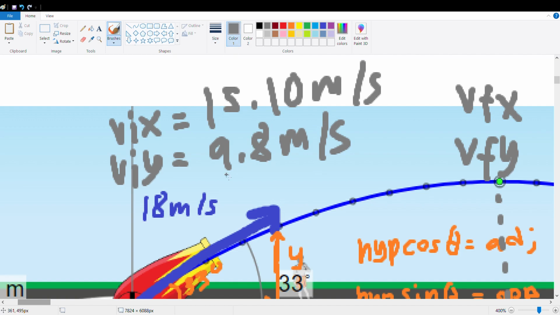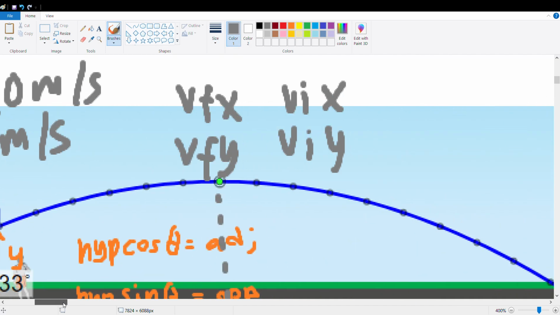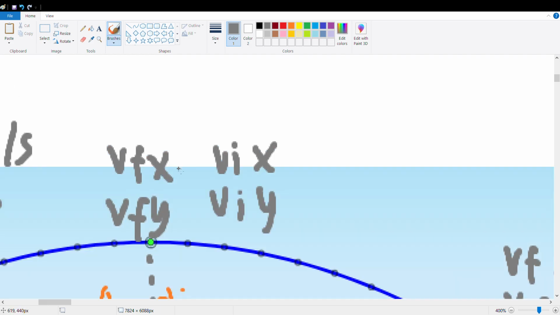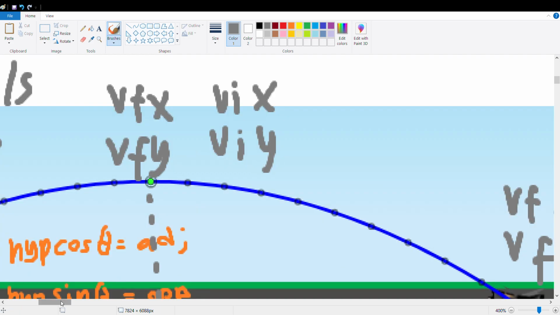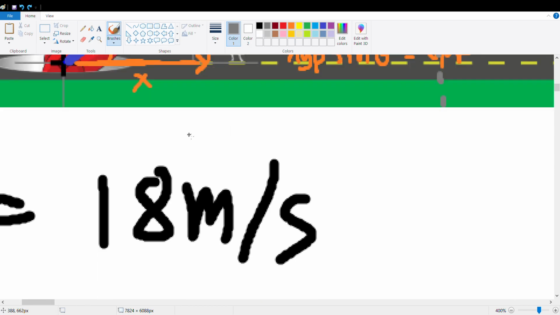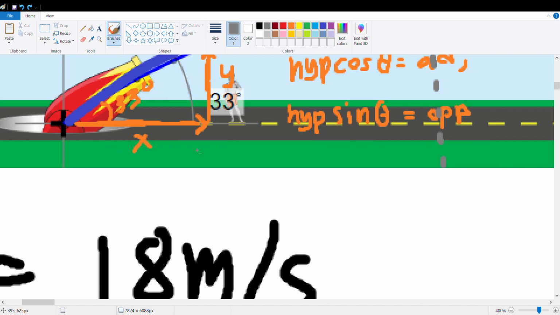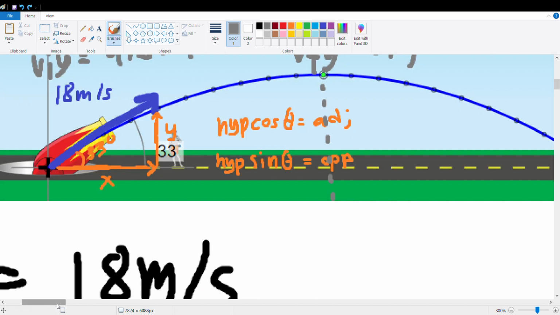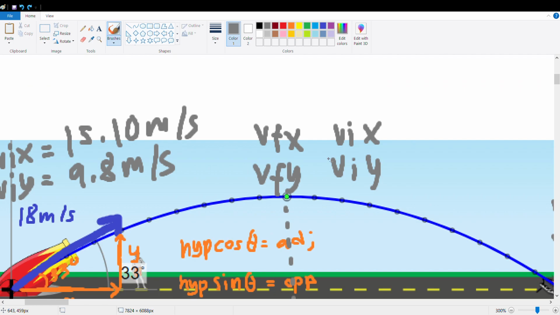I should use a smaller brush next time. So Vfx and Vix: every x is the same because it's just going in one direction and there's no change in the x-axis.